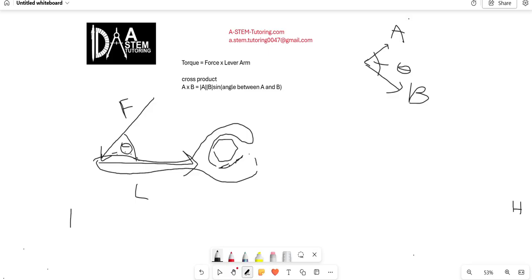Now the torque in this case will be the magnitude of the force times the magnitude of the lever arm, the length, times sine theta. Obviously this would be smaller than if you were applying the force at exactly a perpendicular angle to the lever arm. The torque you apply is going to make the bolt spin counterclockwise, like this.